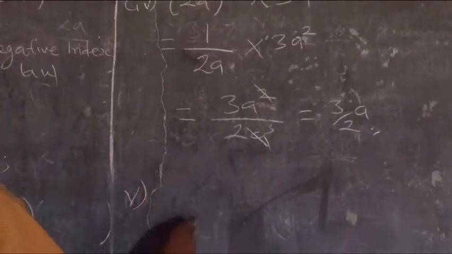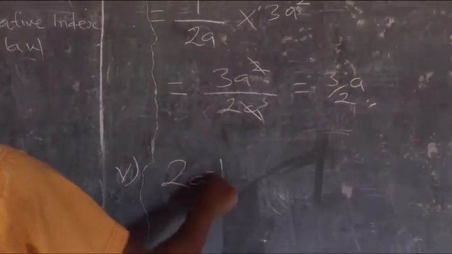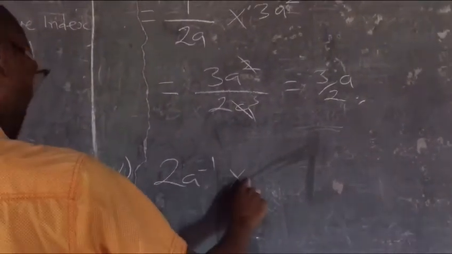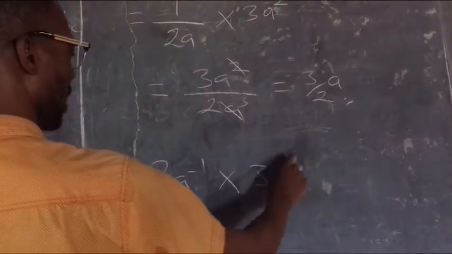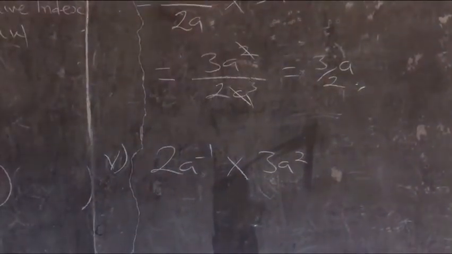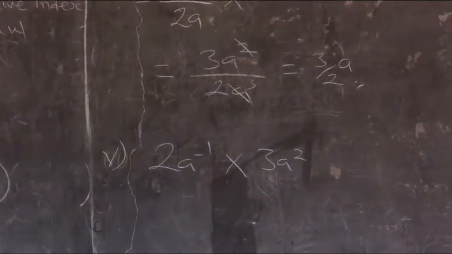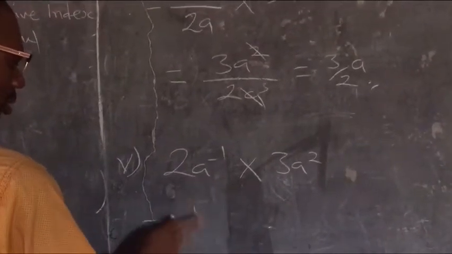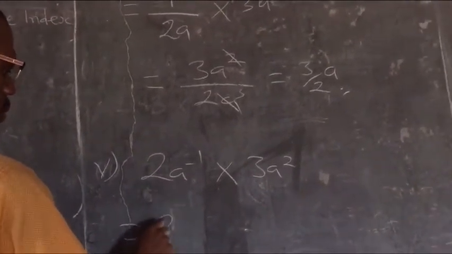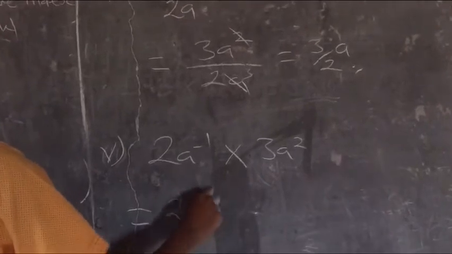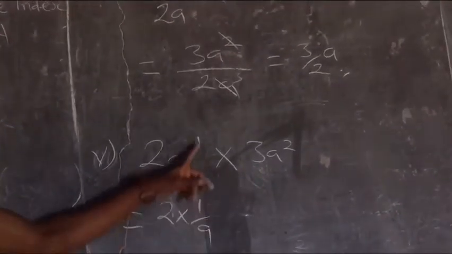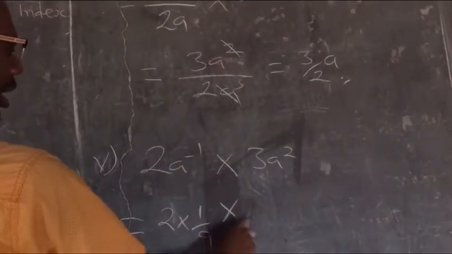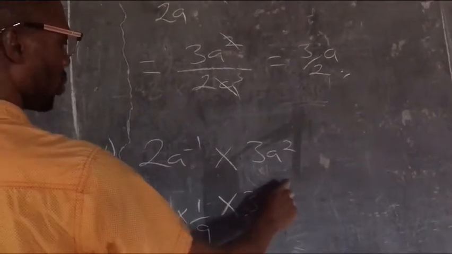And then the next one says 2a raised to power half times 3a squared. From here, I'll get 2 times 1 over a, times 3a squared.